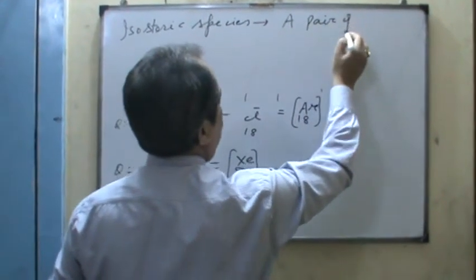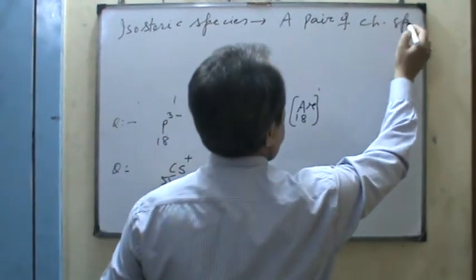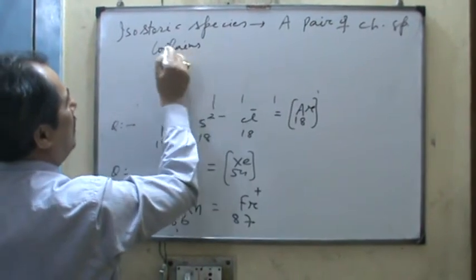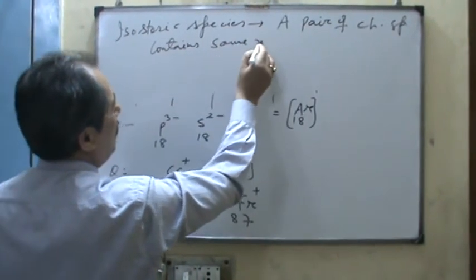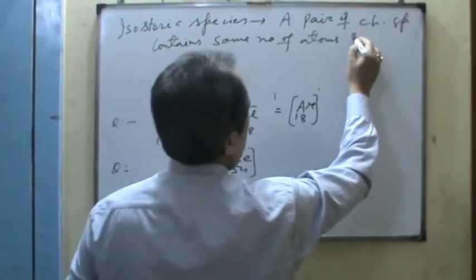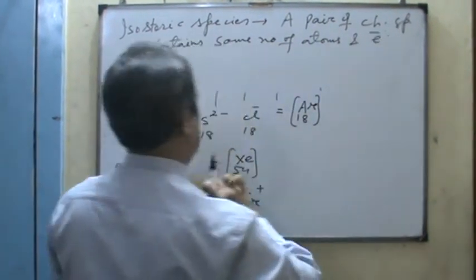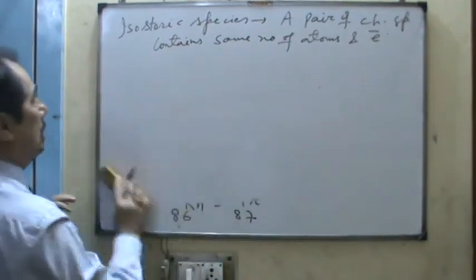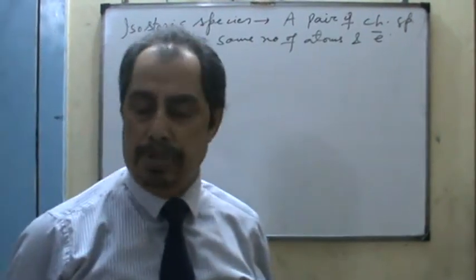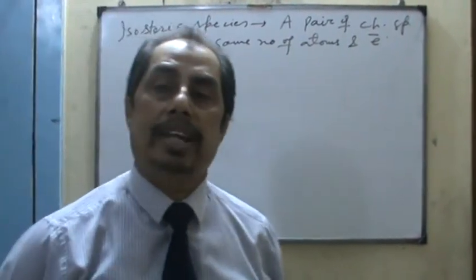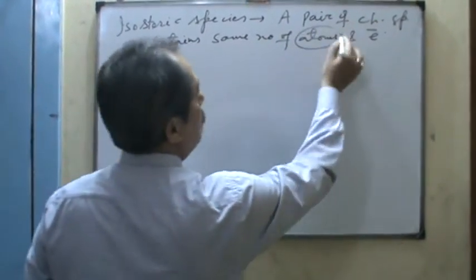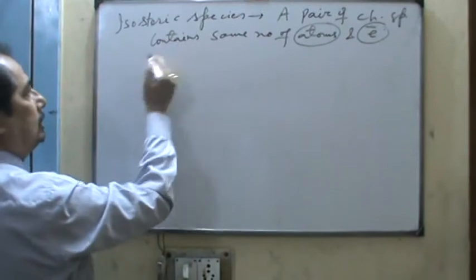A pair of chemical species contains the same number of atoms and electrons. Anybody tell me an example of isosteric? A pair of chemical substances which possess the same number of atoms as well as what? Electrons.